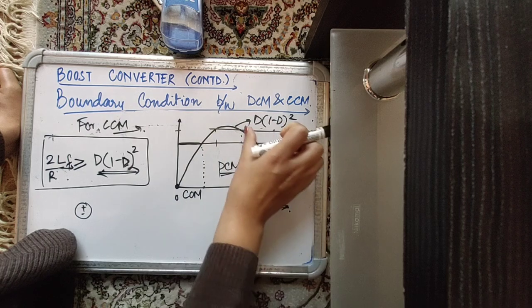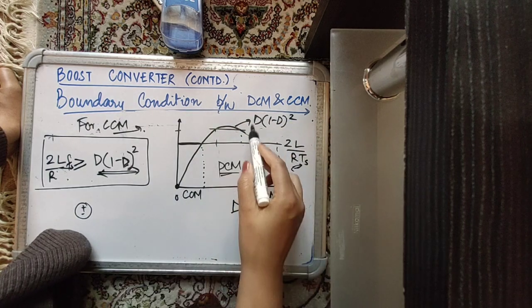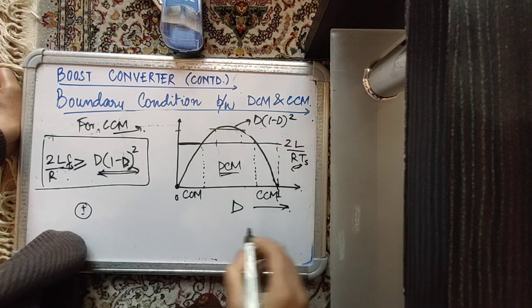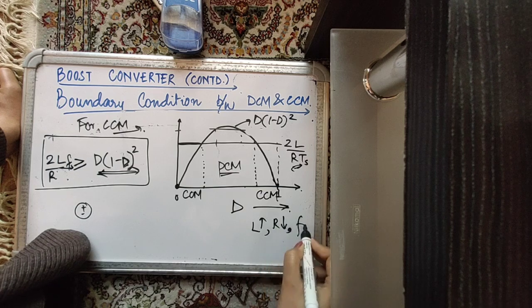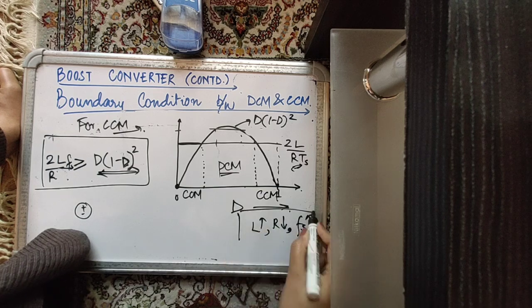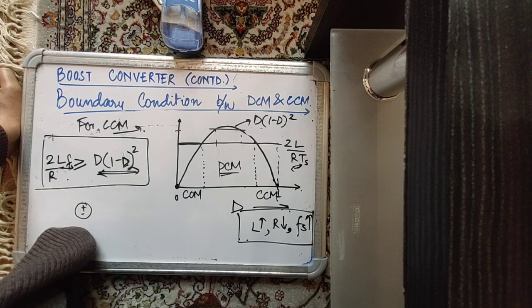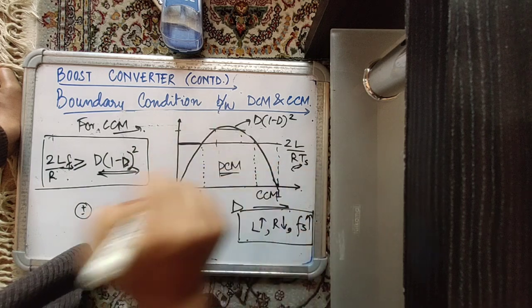Similarly, अगर आप स्विचिंग फ्रीक्वेंसी को बढ़ाओगे या आर को घटाओगे, ये लाइन ऊपर ऊपर जाएगी, आपको ज़्यादा चांसेस हैं कंटिन्यूस कंडक्शन मोड मिलने के. That means if you increase inductance, if you reduce resistance, and if you increase switching frequency, all these things will give you greater likelihood of having continuous conduction mode over a wide range of D.